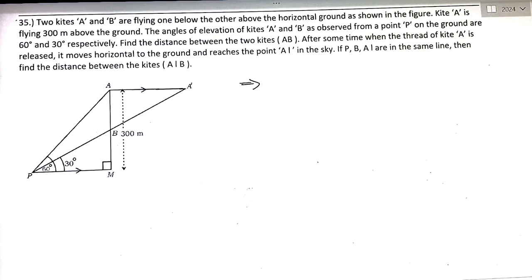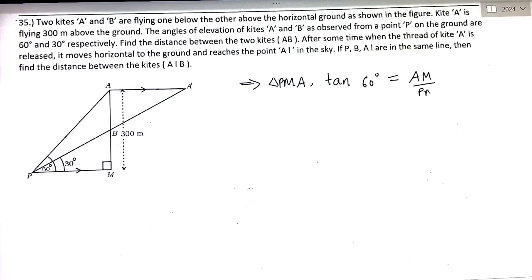So here, first we'll take the triangle PMA. In triangle PMA, apply the tan formula. In PMA, we have the angle of elevation 60 degrees. So tan 60 degrees is equal to AM by PM.